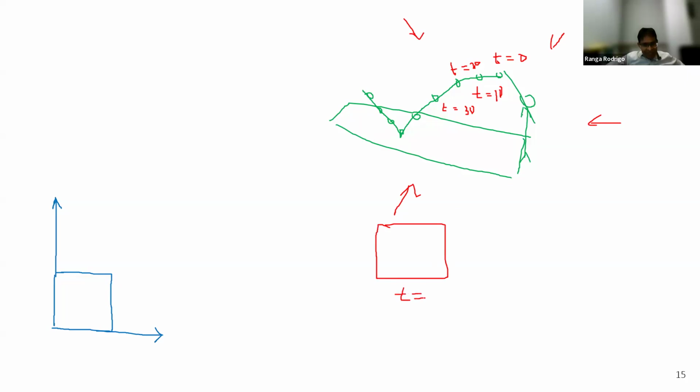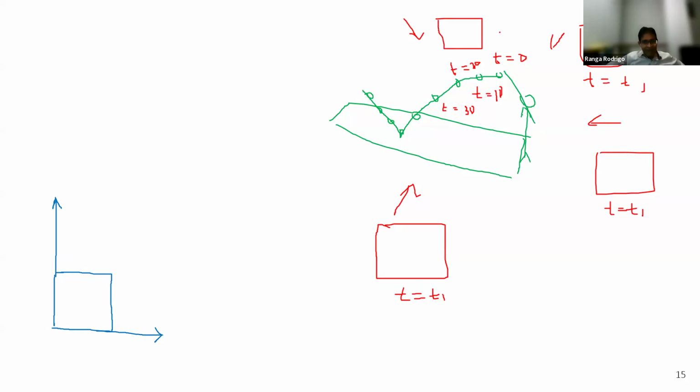For example, we will take t equals some t1. In this one also we will take t equals t1. In this also t equals t1.